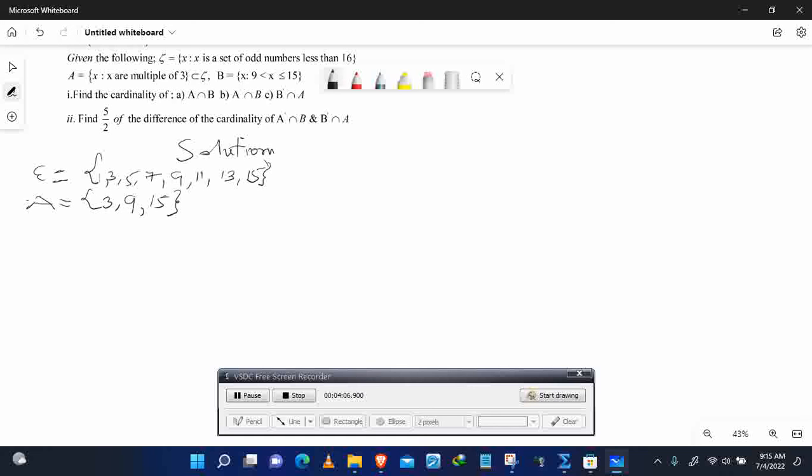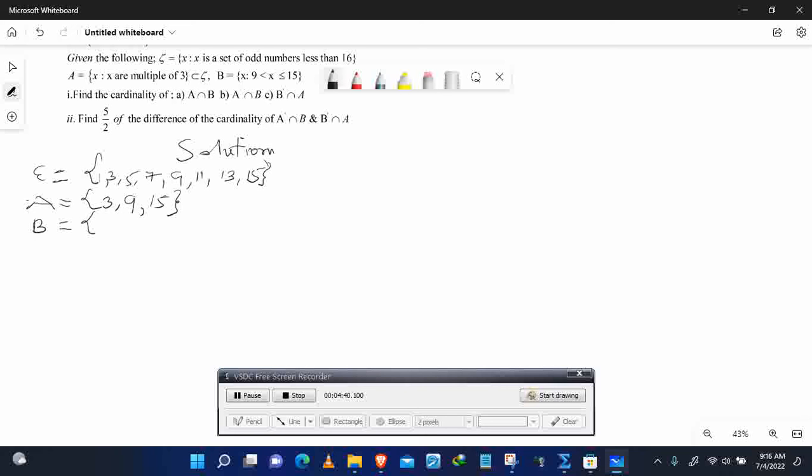So the next thing we do is also list the elements of B. Now considering the elements of B, we've been told that B contains the elements x, where x is greater than 9. So what are the numbers that are greater than 9 and less than or equal to 15?